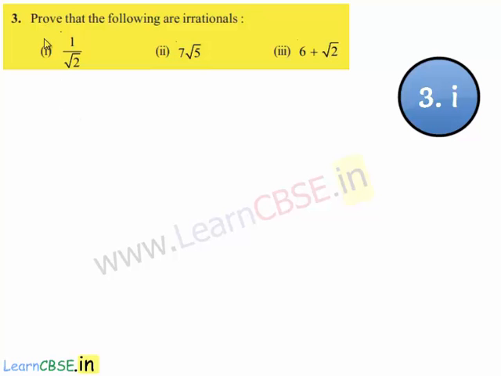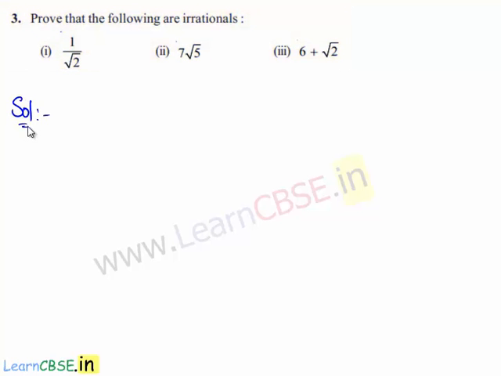Now let us move on to the third question. The question is to prove that the following are irrationals. So now let's move on to the solution. We shall consider the first bit. So we need to prove that 1 by root 2 is an irrational.